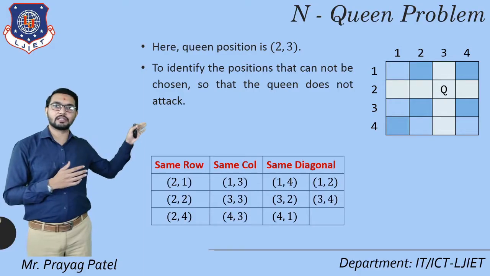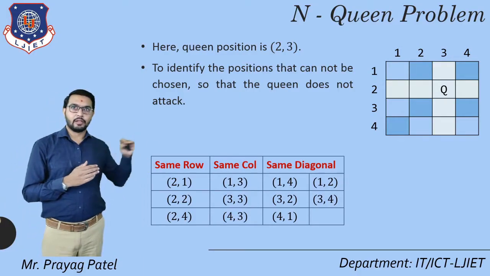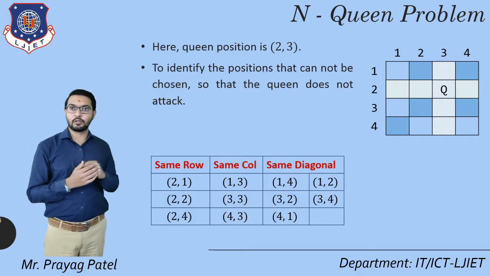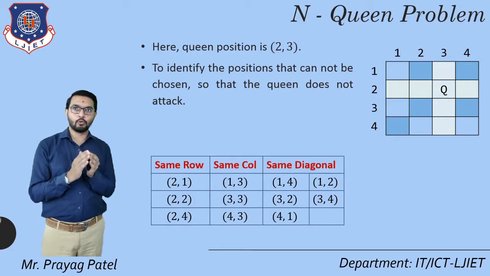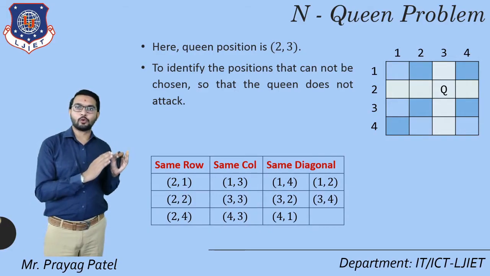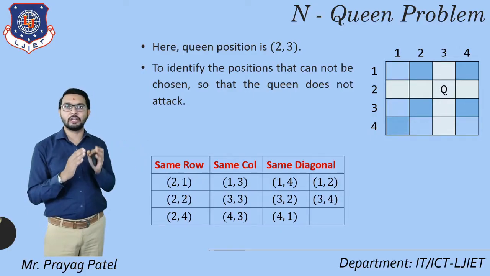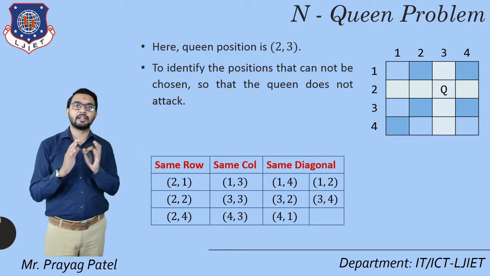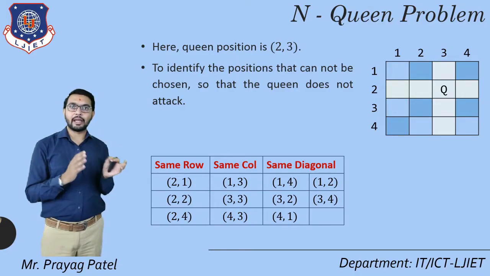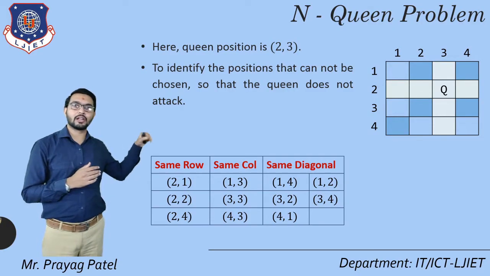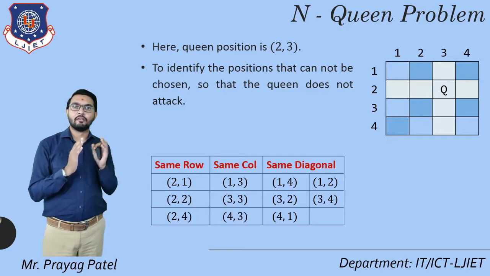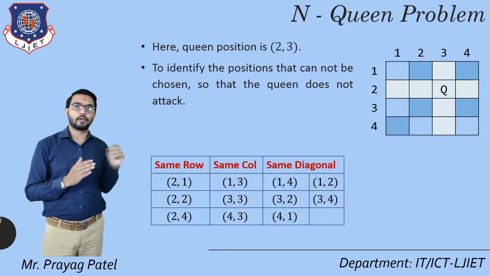Here consider this row first. In row number 2, the 3 locations 2, 1, 2, 2 and 2, 4 are occupied, because if we put a queen in these 3 locations it is in the same row, so the queens attack each other. Here consider the same column: 1, 3, 3, 3 and 4, 3.